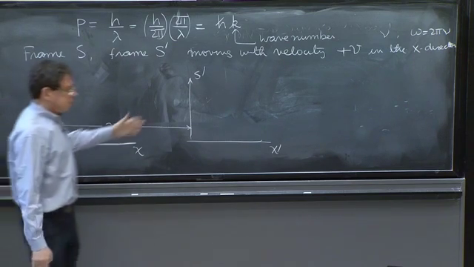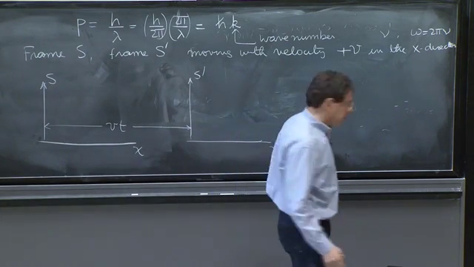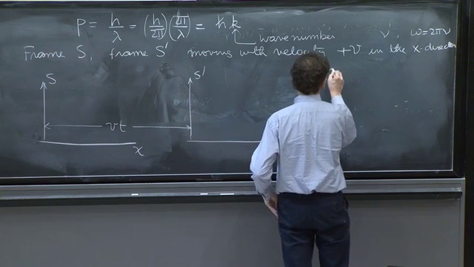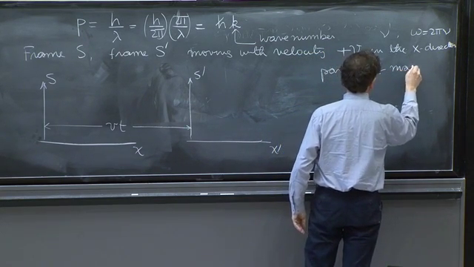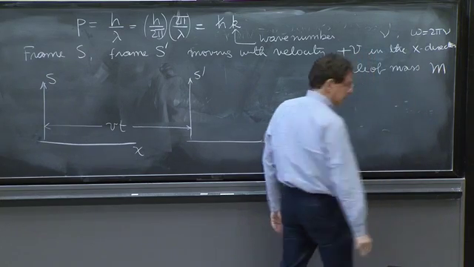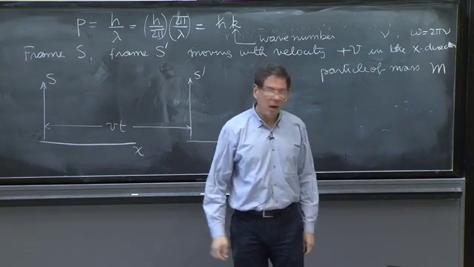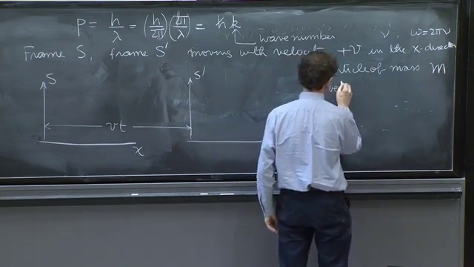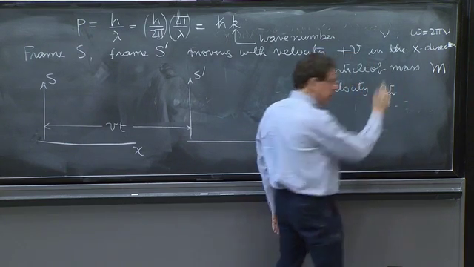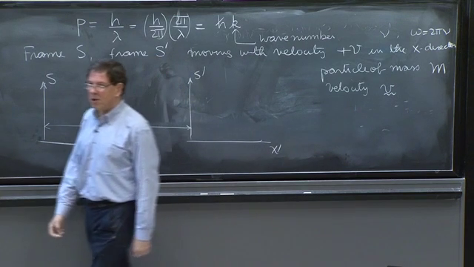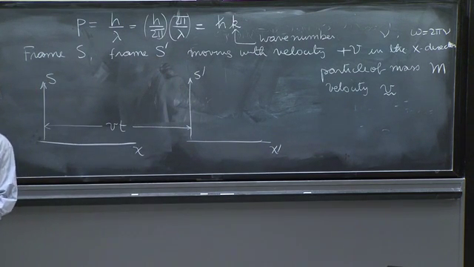On this, we're going to write a few things. We're going to say we have a particle of mass m. It has velocity v under bar. Otherwise, I'm going to get all my velocities confused.